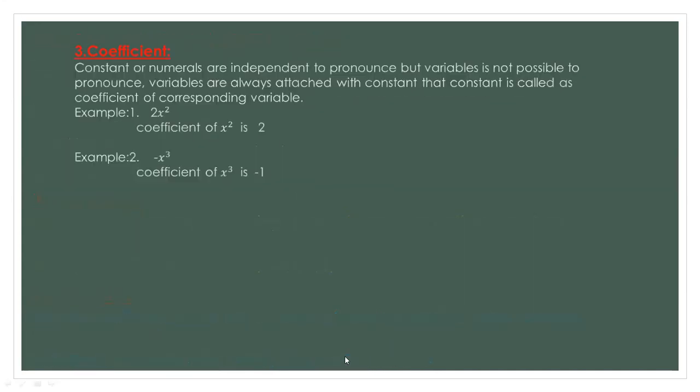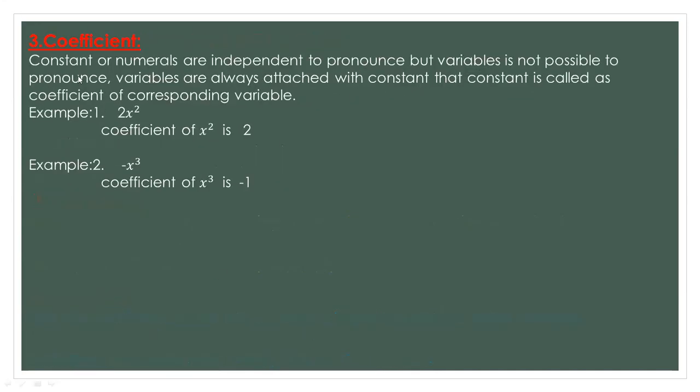Next it is coefficient. The constants or numerals are independent to pronunciation. Is it right, students? All right. But variables are not possible to pronounce. These variables are always attached with a constant.